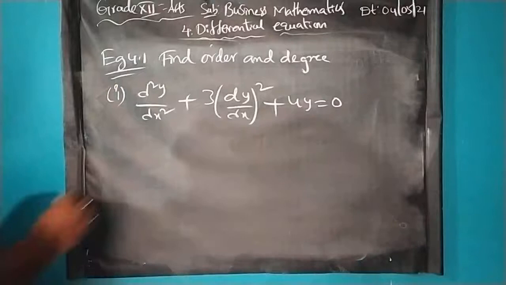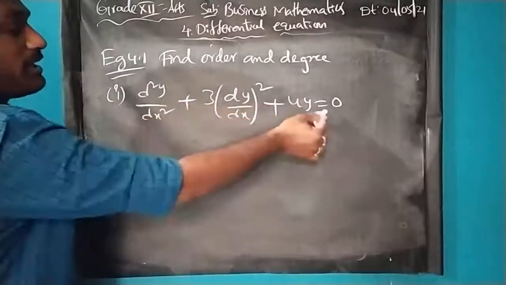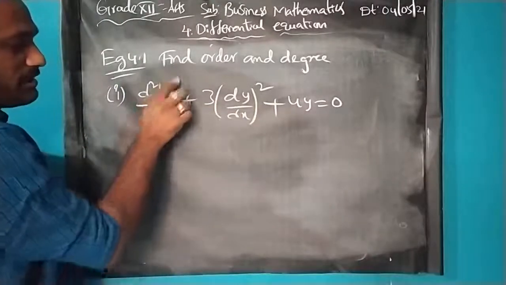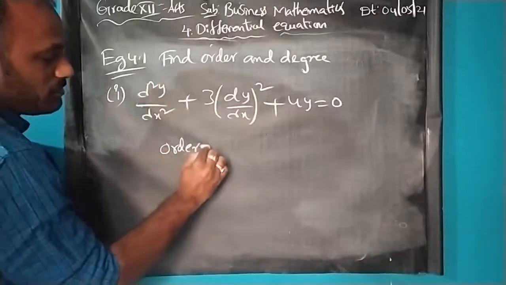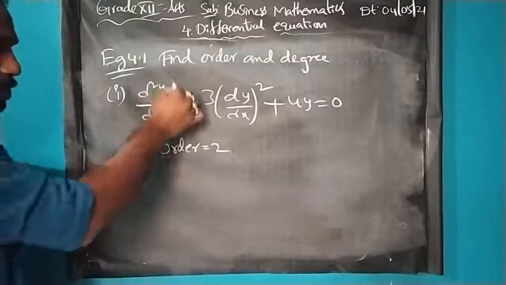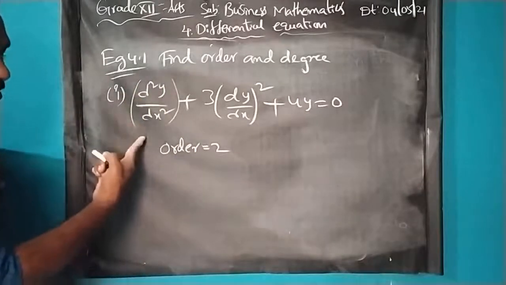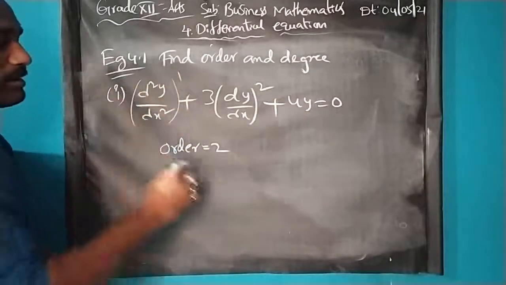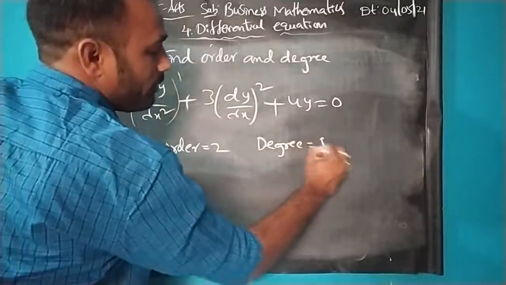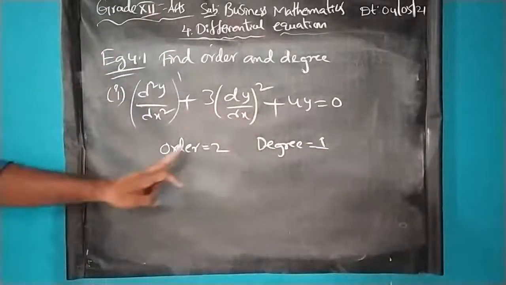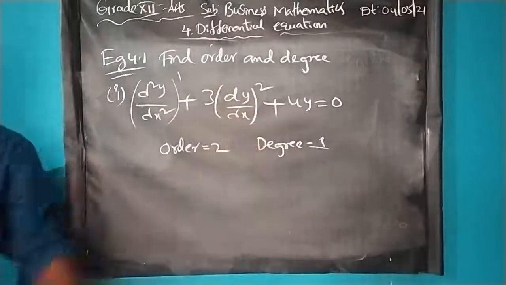You observe here, the highest number of times differentiation is done is 2 times. So the order of the differential equation is 2. Since there is no power for this, we can put power 1. So degree will be 1. So order is 2 for this differential equation and degree is 1.